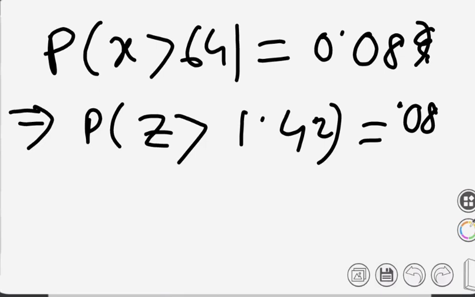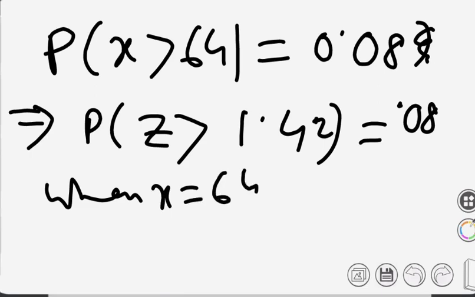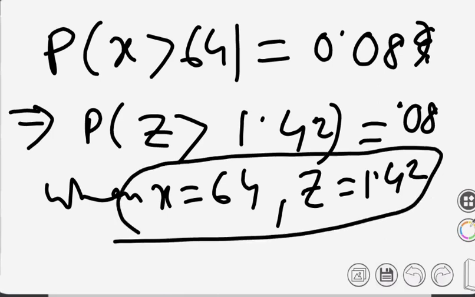Okay, so that means the second condition that we get when x equals to 64, z equals to 1.42. So these are the two relations. From those two relations you can find out. So what are the two relations?